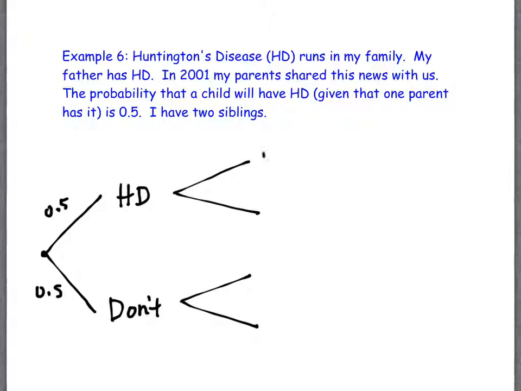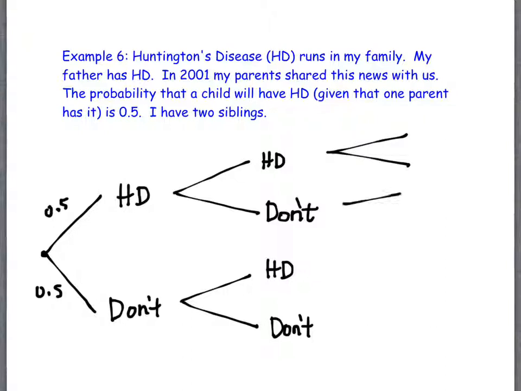So these are my sister's branches. She either has Huntington's or she doesn't. I said don't, but I'm going to keep writing it the same way, HD or don't. I should have written the word not. That would have been good. And the last branch is my brother.